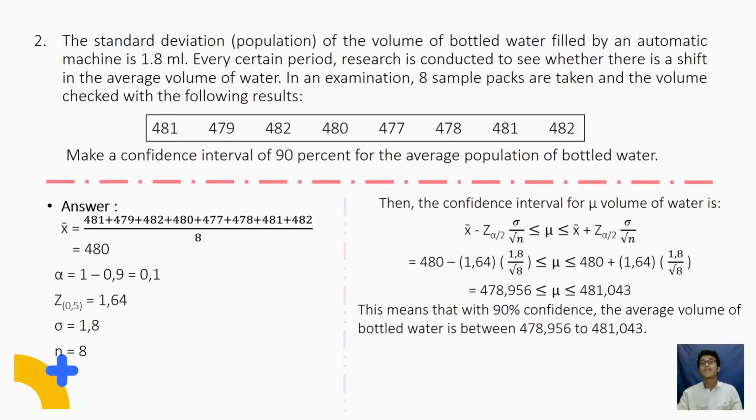Then the confidence interval for mu volume of water is 478.956 is less than or equal to mu is less than or equal to 481.043. This means that with 90% confidence, the average volume of bottled water is between 478.956 to 481.043.